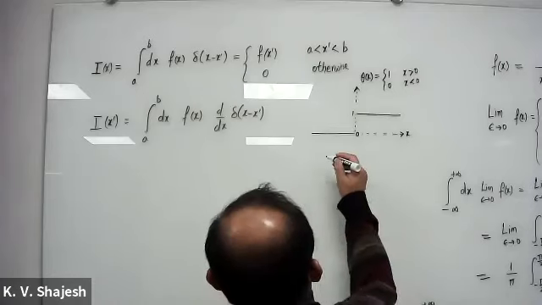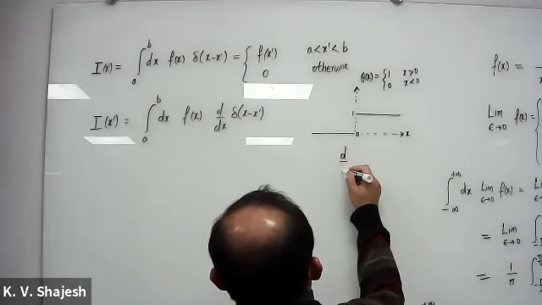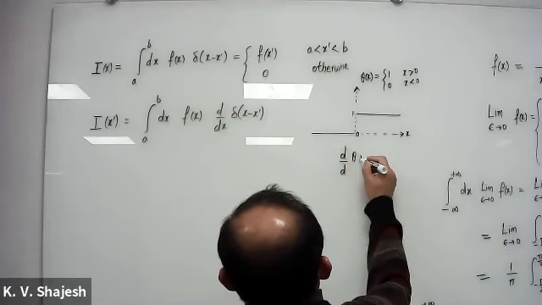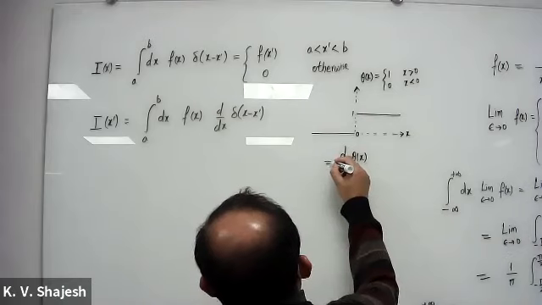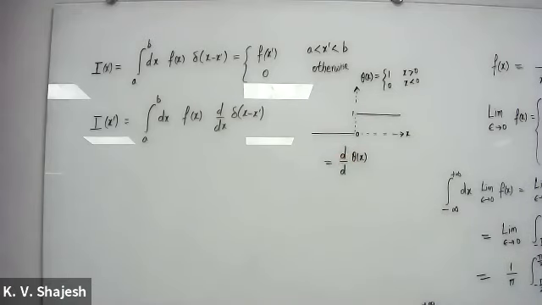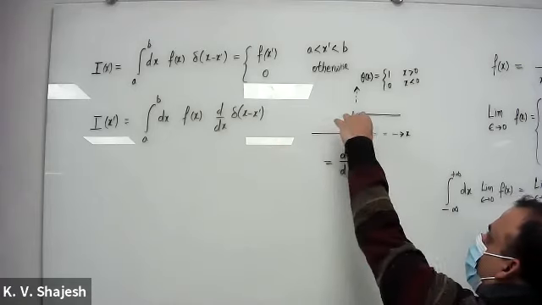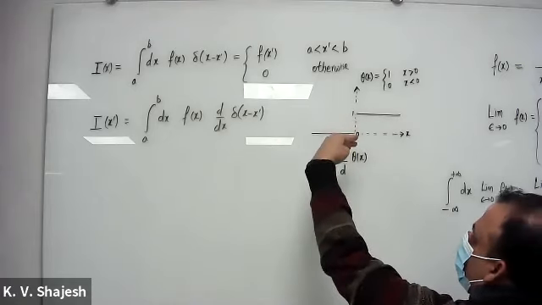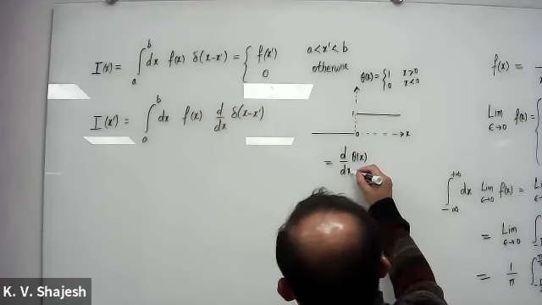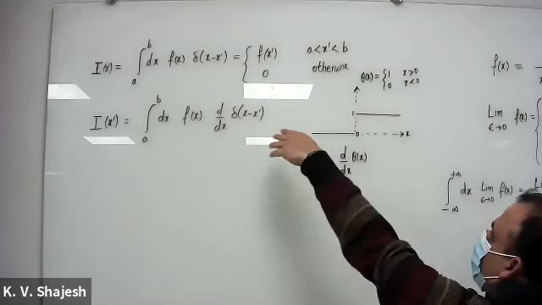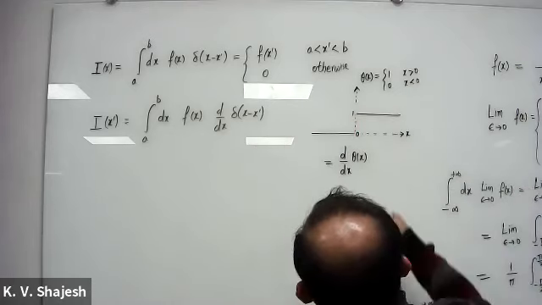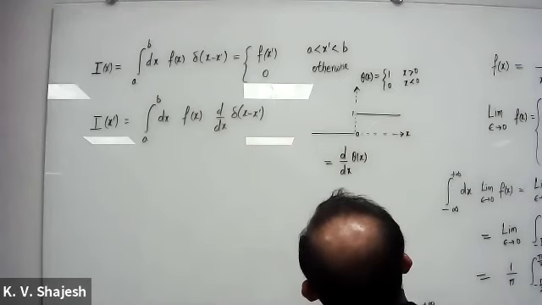And then you can ask, what is the derivative of the step function? Notice that it is flat everywhere, which means that the slope, which is usually the derivative, is 0 everywhere, except at x equal to 0.